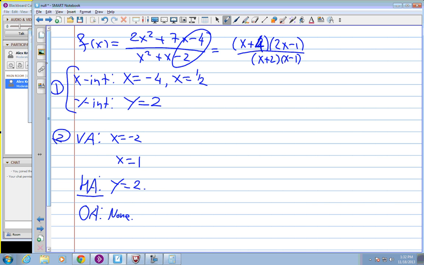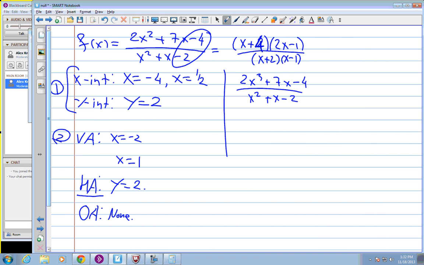In the case, if this was our problem, 2x cubed plus 7x minus 4 divided by this, you would still have the same vertical asymptotes. You would change the x-intercepts dramatically, right? But you would not have a horizontal asymptote in this case, because the numerator is greater, the things will go to infinity.